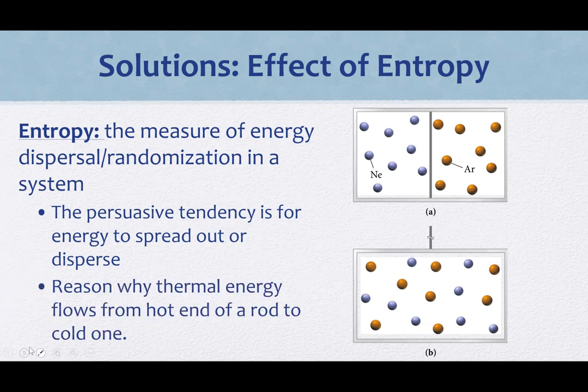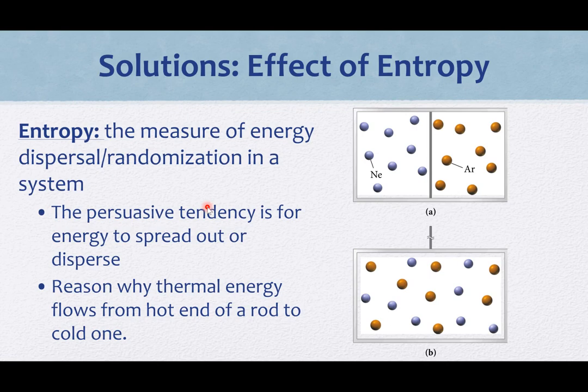Another example of this idea of entropy, or nature's tendency to mix, is thermal energy. If you've got a piece of metal and you stick one end into the fire, that heat will eventually creep up the metal and reach your hand.